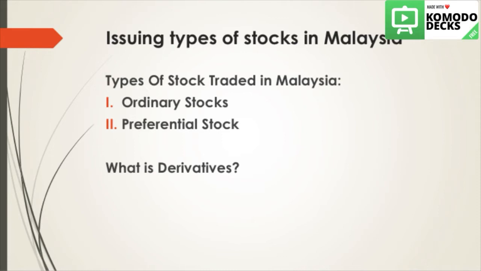The other part I would also like to touch on is derivatives. So what is a derivative? Derivatives are where you can trade a certain security that derives its price from its parent company's stock prices.